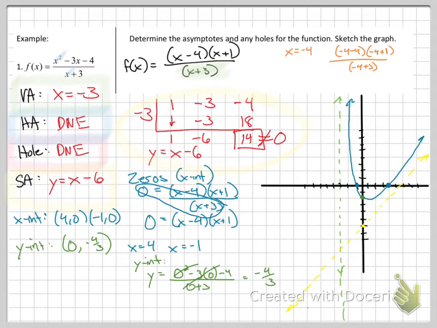So this is -8 times -3 over -1, which is positive 24 over -1, which is -24. I'm not going to graph this all the way down to -24, but I know that's below the yellow line, so it must be here for my other curve.